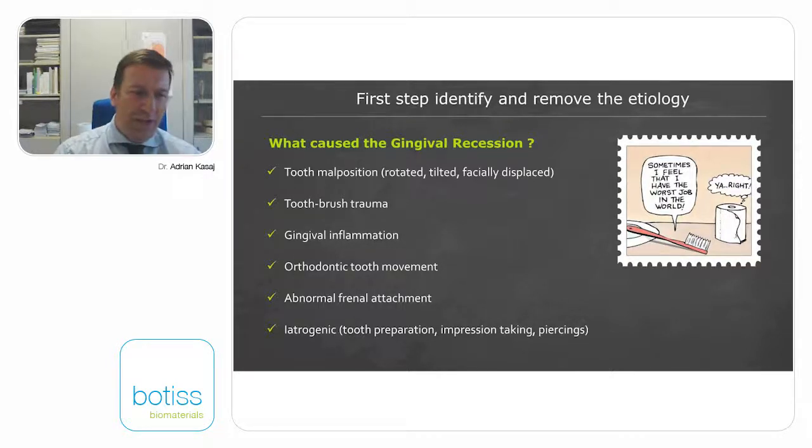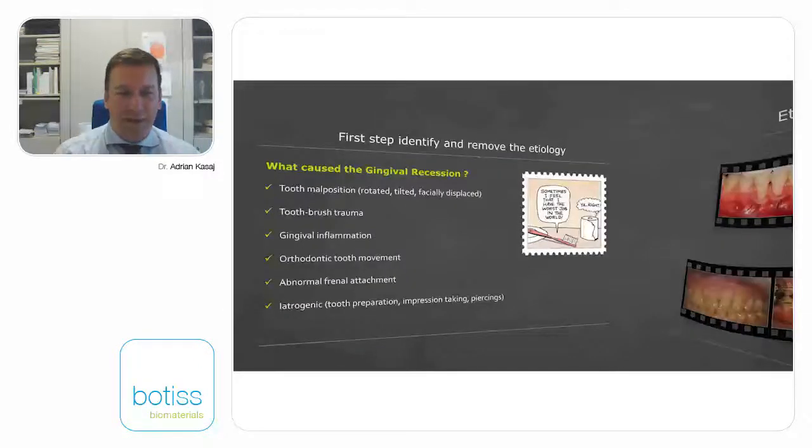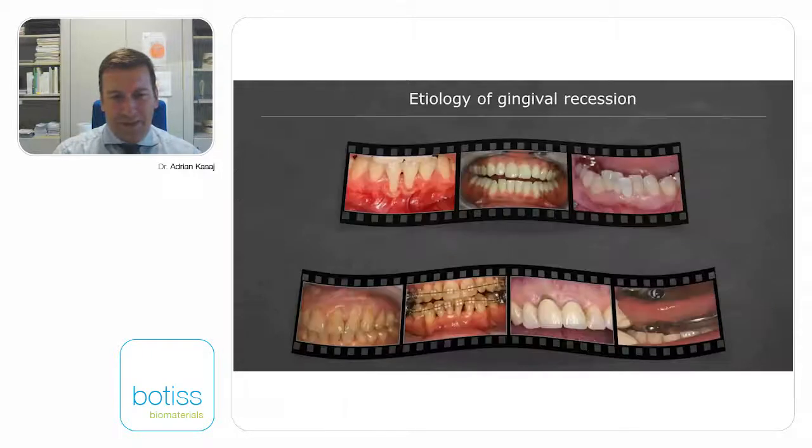Was it due to orthodontic tooth movement, abnormal frenal attachment, or was it due to iatrogenic factors like traumatic tooth preparation, impression taking, or some lip or tongue piercings? So here are some of the most common etiological factors. So we have here mechanical factors, iatrogenic factors, but also inflammatory etiologies.